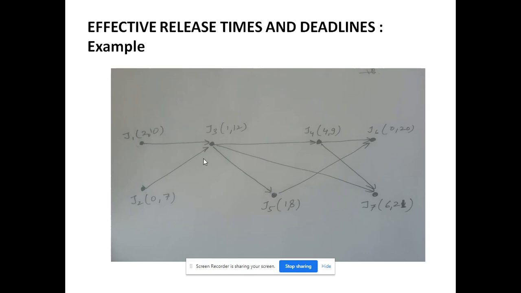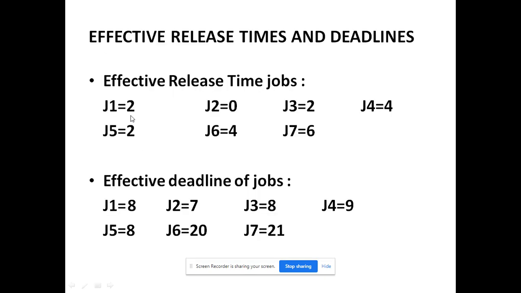The same release time that the job has is its effective release time. This means the effective release time of J1 is 2, and the effective release time of J2 is 0, because both have no predecessors.